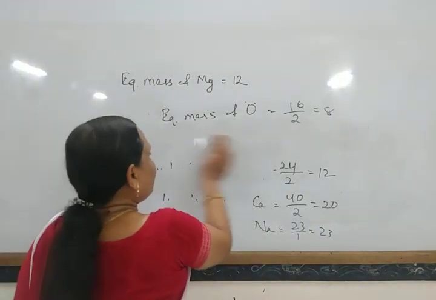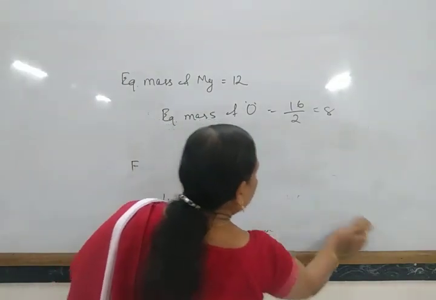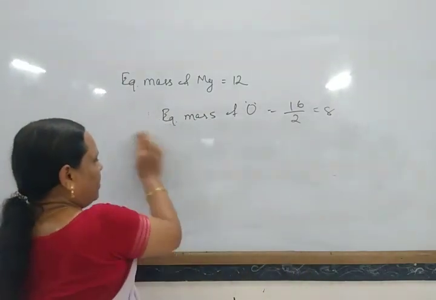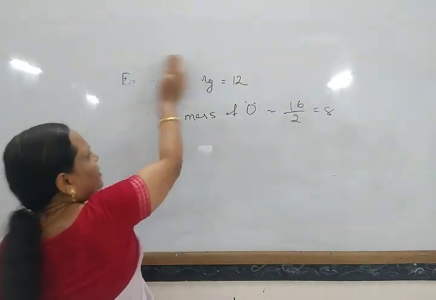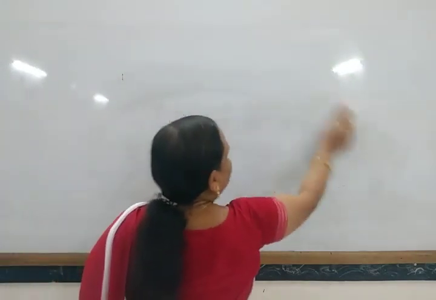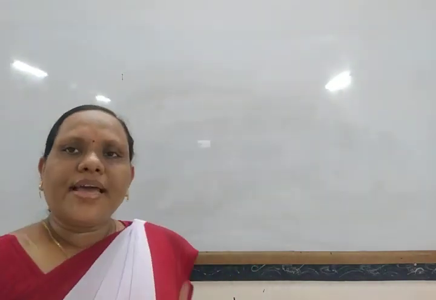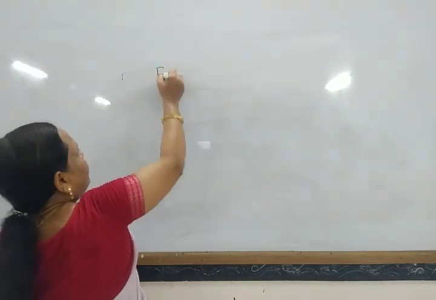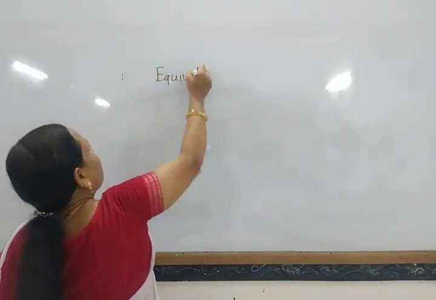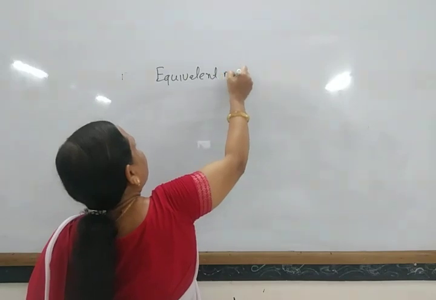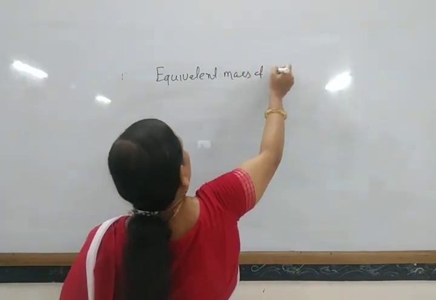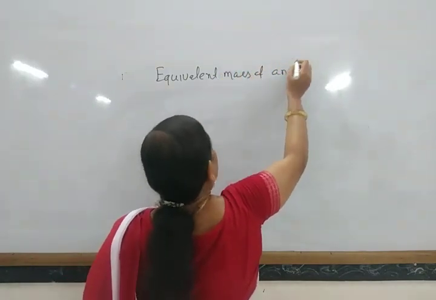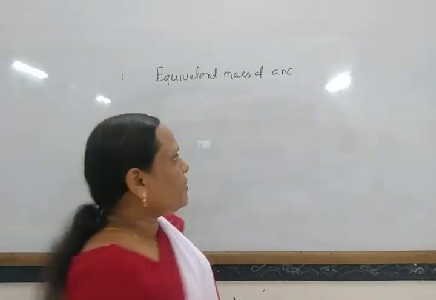Next, how can we determine the equivalent mass of compounds? If we consider compounds, the compound may be either an acid, a base, or a salt. How to determine the equivalent mass of an acid?